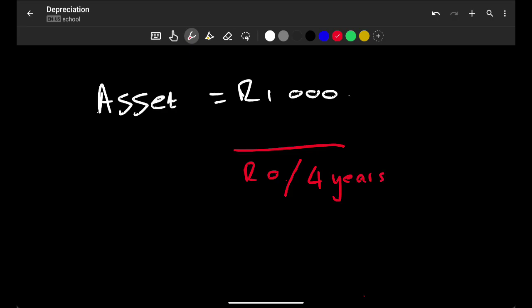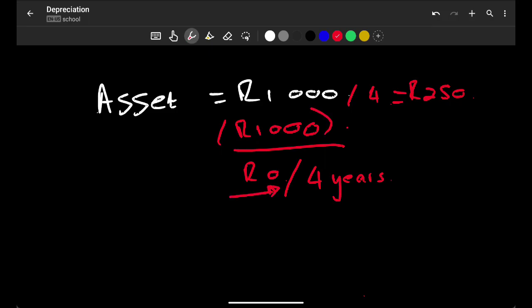So you're going to say 1,000 rand divided by 4, and you have your annual depreciation of 250 rand. So 250 rand times 4 gives you 1,000, and then your end result is 0.